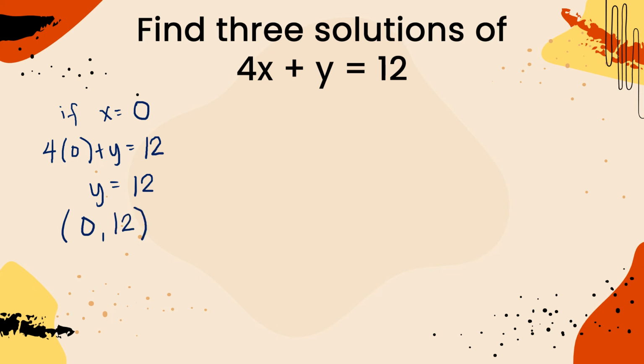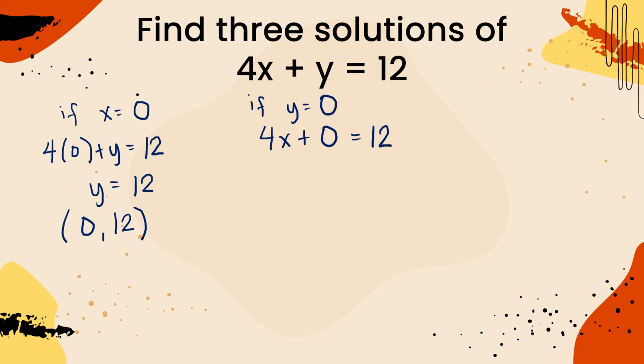Ano pa kayong value? Pwede rin naman gamitin natin if y is equal to 0. So you are free to choose your own values of x and y, and by using the values that you have chosen, i-evaluate nyo lang yung linear equation to find solutions. So we have here 4x plus 0, since ang pinili nating value ni y ay 0, is equal to 12.